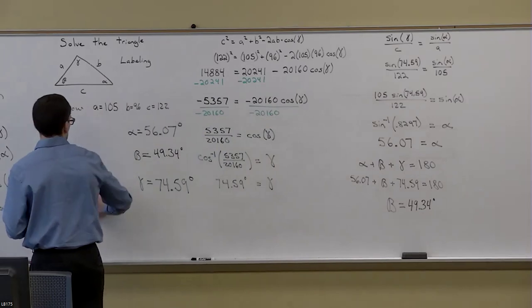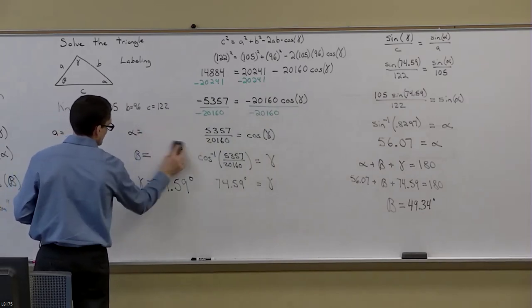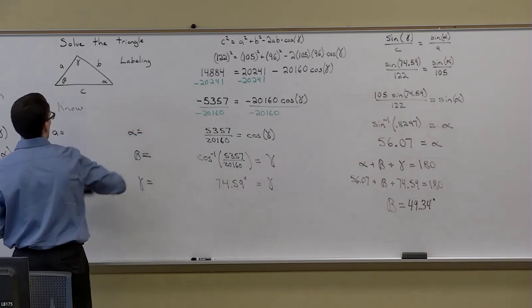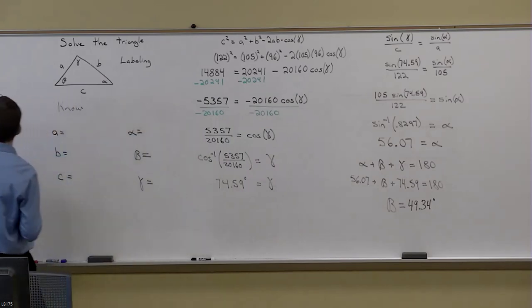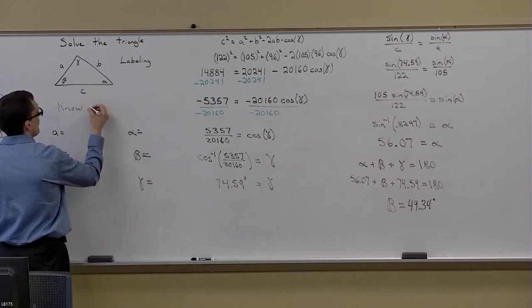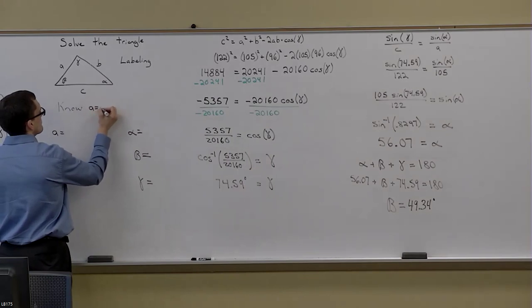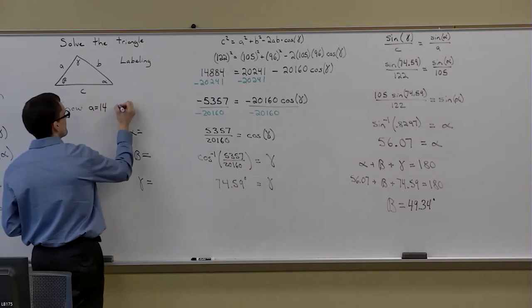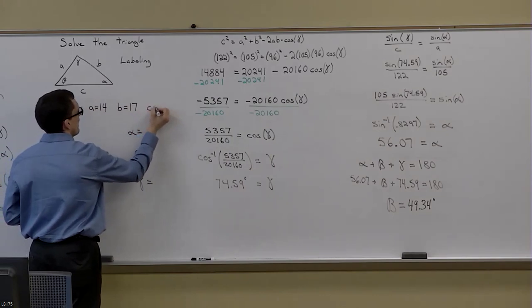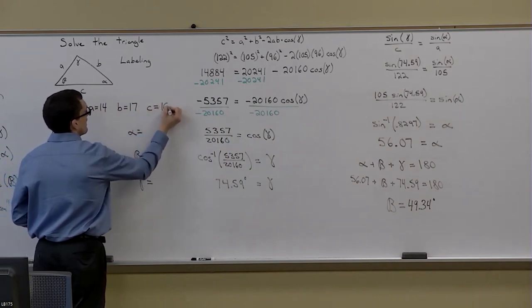All right. This will be the last one we do. Let's say we know A is 14, B is 17, and C is 10.